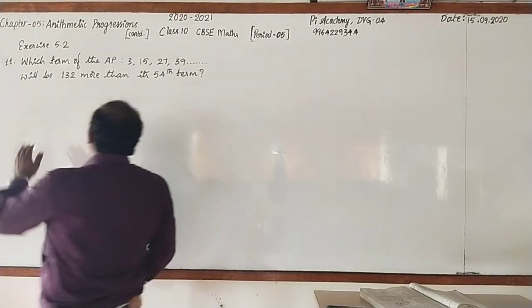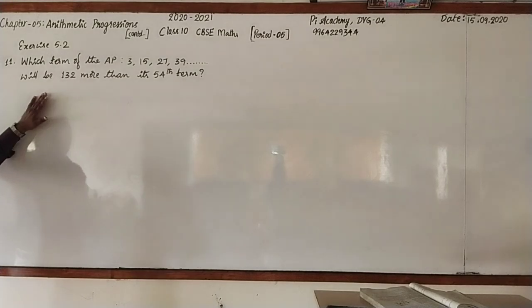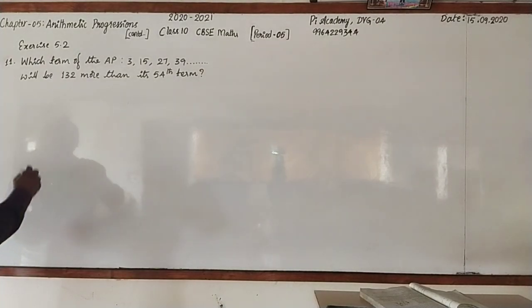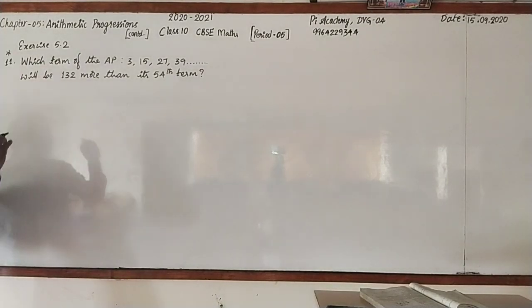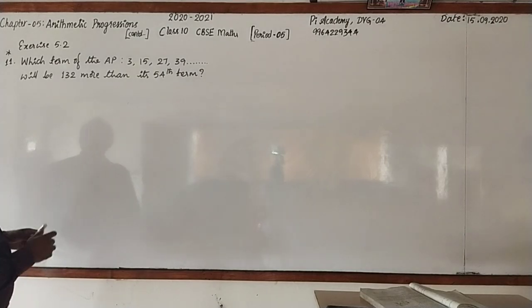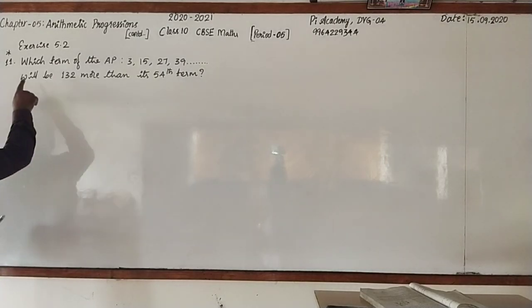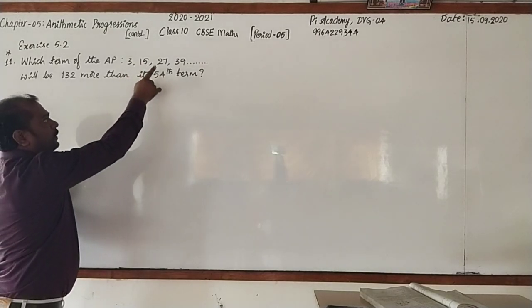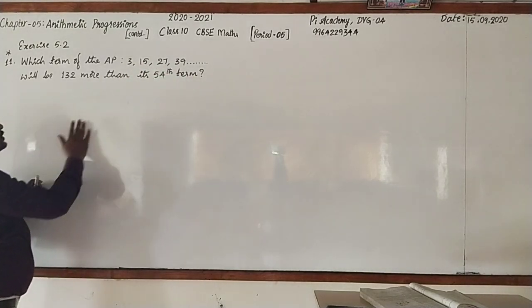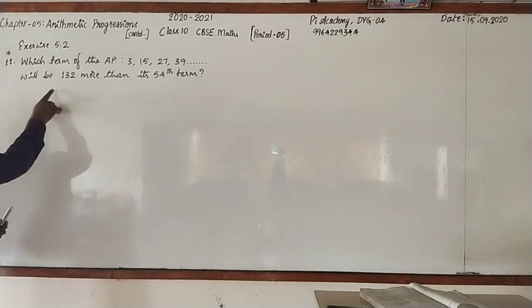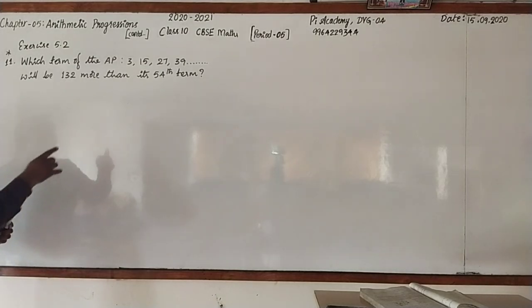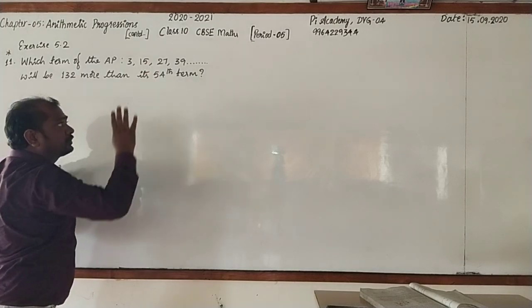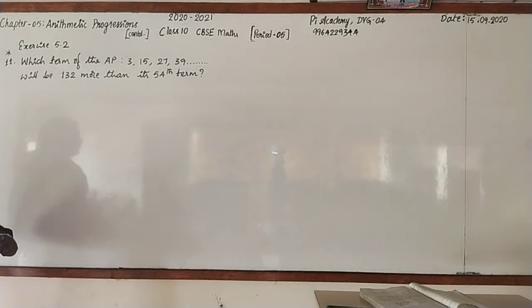Observe. It is also one of the most important types of problem. So I will put a star mark, and it was also given in the examination. Please go through the given statement. Which term of the AP 3, 15, 27, 39 and so on will be 132 more than its 54th term? Hope that you have understood.